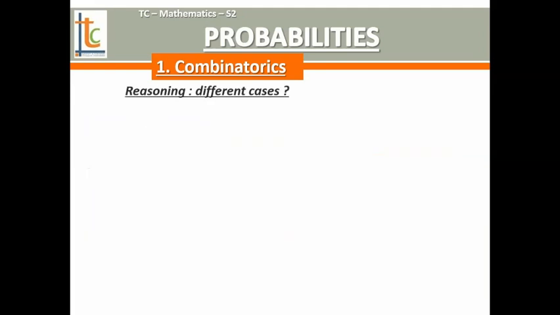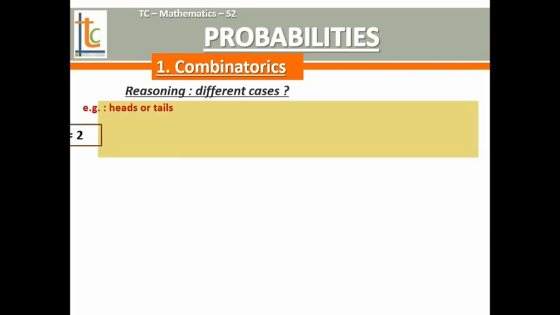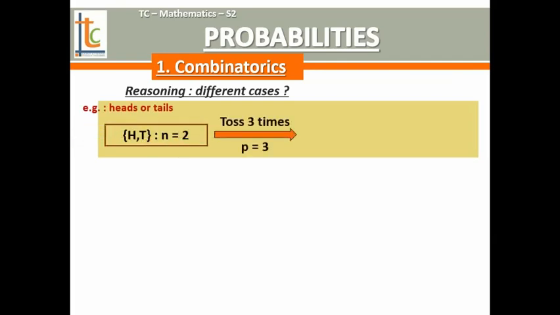So let's reason about the possible cases, the possible physical situations. If you're playing heads or tails, let's go back to this example and toss the coin 3 times here. You have to be able to write an example of an outcome.